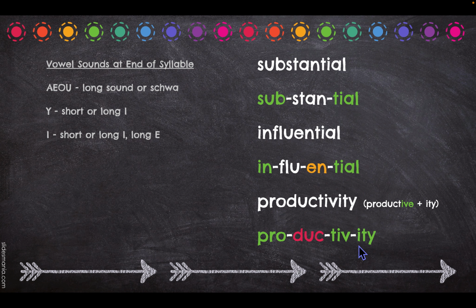And here we have the suffix ity again, remembering that it's one suffix even though technically it is 2 syllables. But I'm just showing it like this because this is more about reading words, not about dividing them how the dictionary would do it. So here we're going to try the long O sound, short U, short I, and a long E because it's at the end of a long word. So productivity.